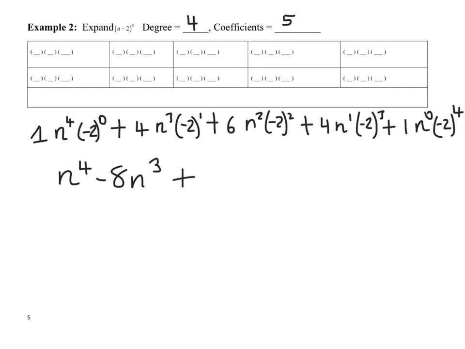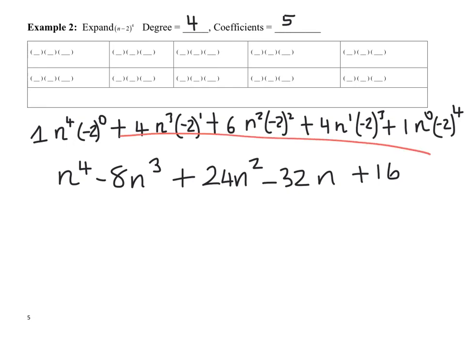This is negative 2 squared, so that's 4 times 6, 24 n squared, and this is negative 8 times 4, so actually that should be negative 32 n, and then the last one is 16. So that's the answer there. I want you to see that some of them are negative because we had a negative 2. You got to be careful when you're doing the negative to make sure you do it right. That's why I put it in parentheses to make sure I don't make a mistake.